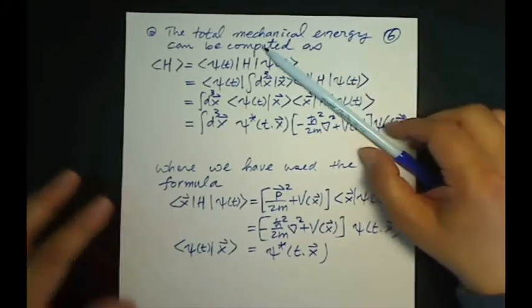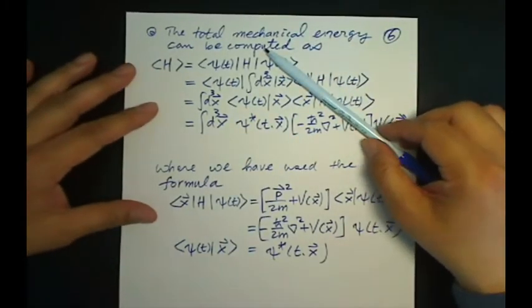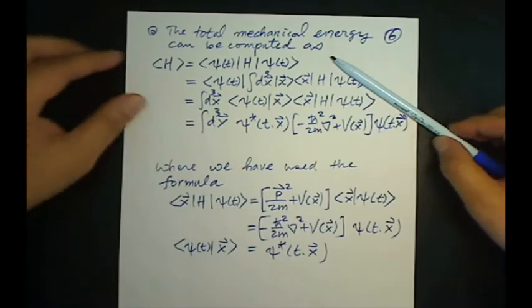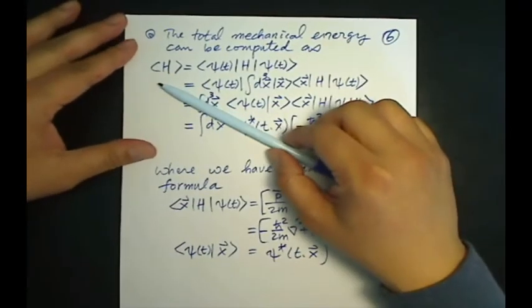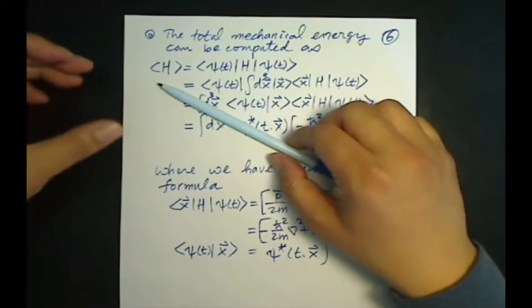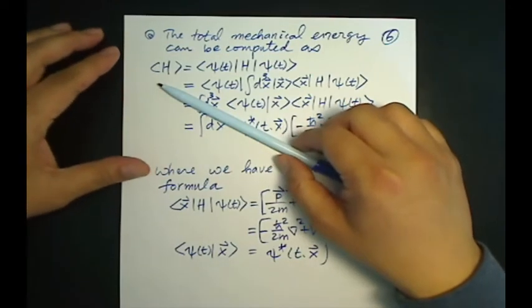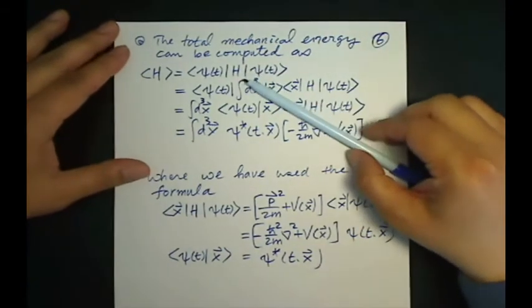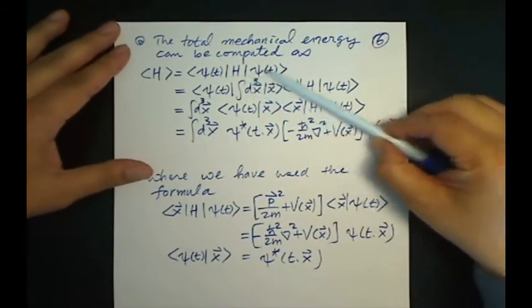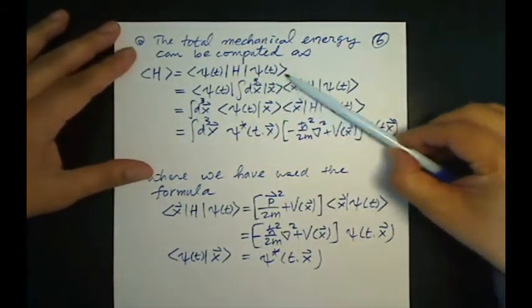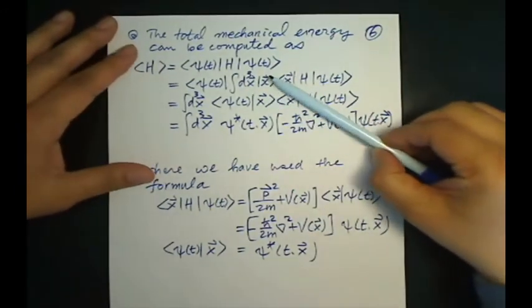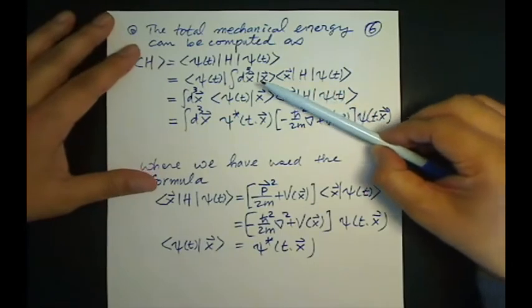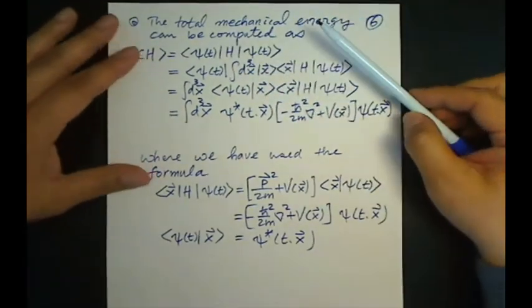In a similar manner, we can also compute the total mechanical energy of the system. The expectation value of the total mechanical energy can be obtained in such a way. The Hamiltonian is put here, and we insert the identity operator, that is the direct product of position bra and ket, integrated over the space.